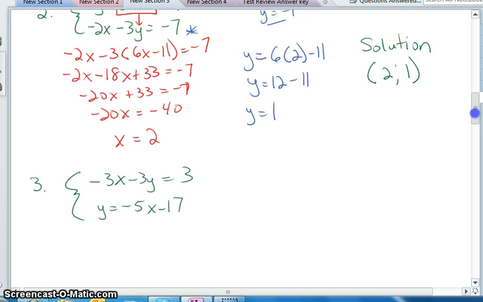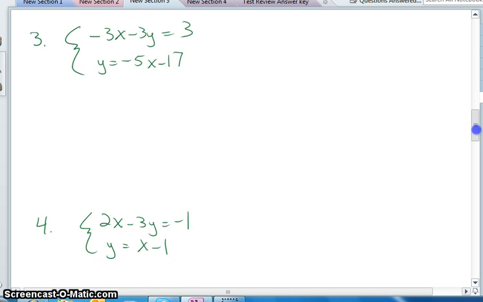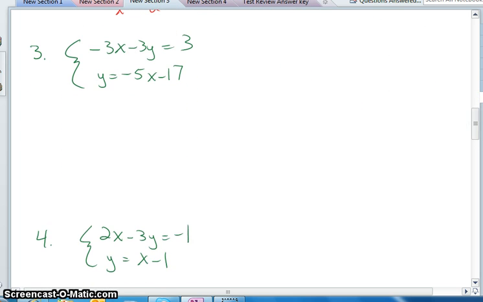What about this next problem? Well, I know y equals negative 5x minus 17. So I'm going to put that in place of the y up here. Negative 3x minus 3 times negative 5x minus 17 equals 3.